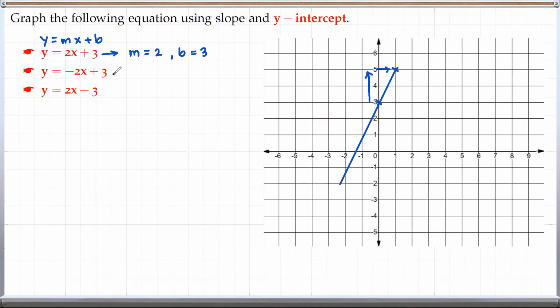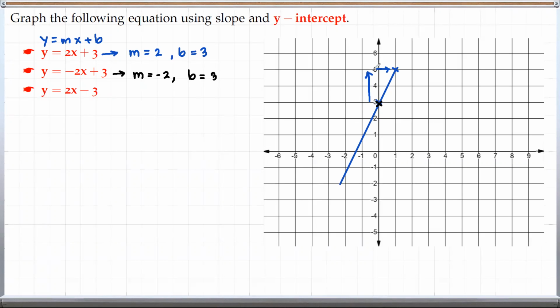For the second one, again, comparing with y equals mx plus b, we have m equals -2 and b equals 3 again. The y-intercept is again 3. So the graph for the second equation must also go through that point, but this time slope is -2.